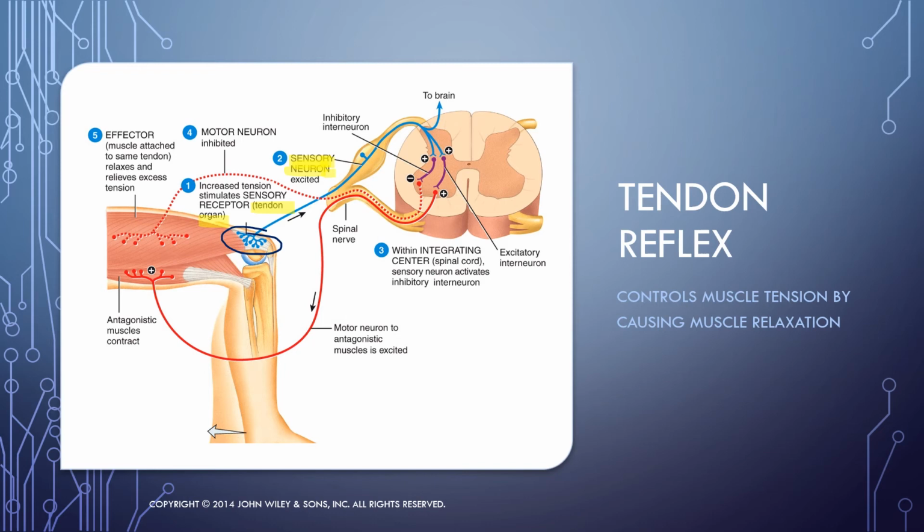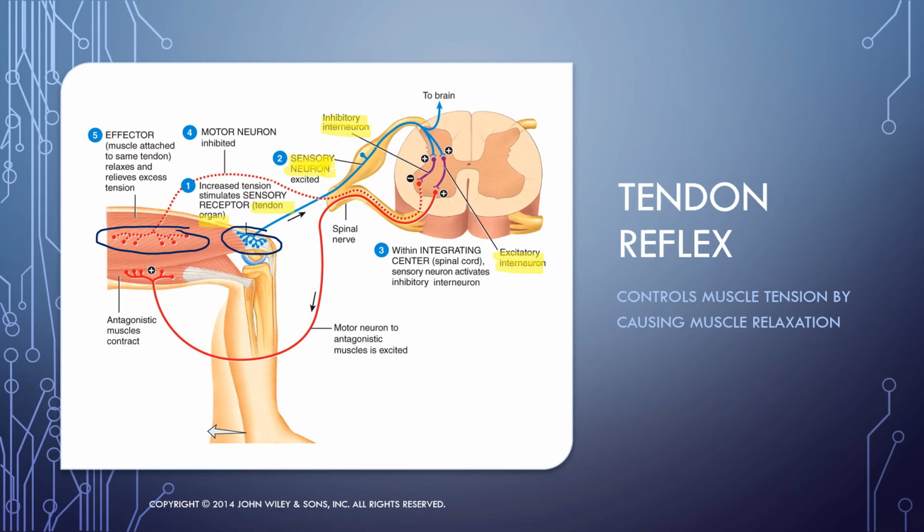And here we're going to synapse with two different interneurons, the inhibitory interneuron and an excitatory interneuron. So to keep that tendon from having too much force on it, we're actually going to relax the muscle that the tendon is attached to.